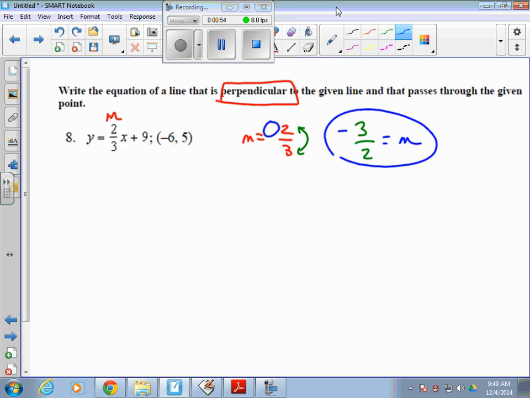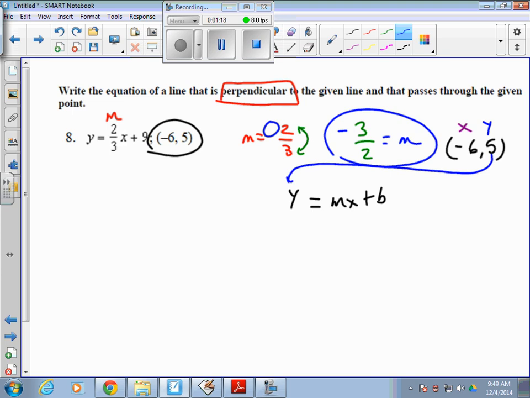It says through the given point. The given point we have is this one right here, negative 6, 5. That is your x value and your y value. So we have a slope, an x, and a y. We know in slope-intercept form that it's y equals mx plus b. So your y value is 5, equals stays the same, and b stays the same.